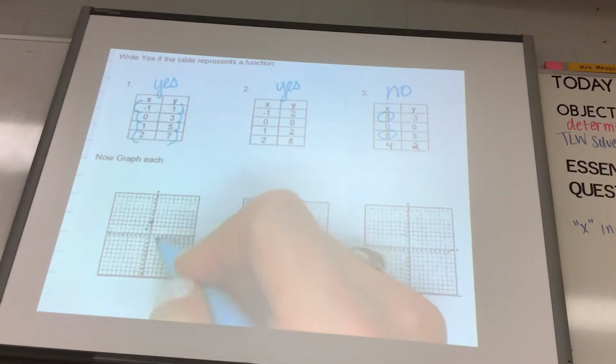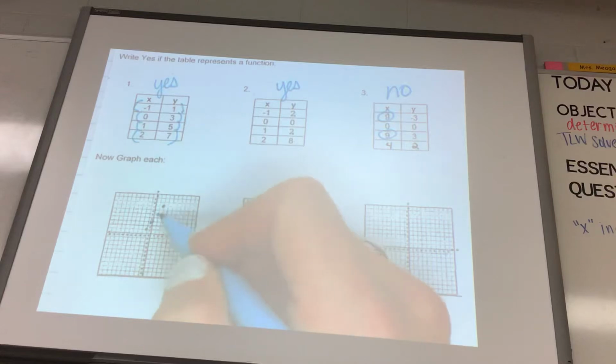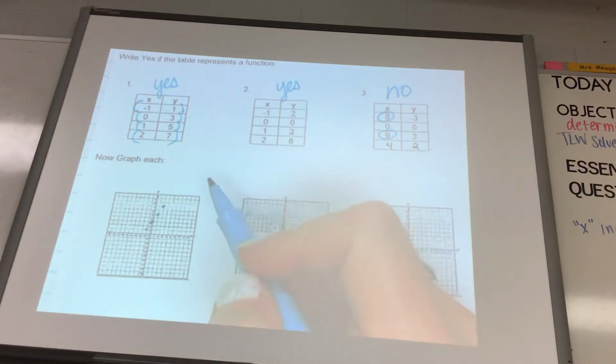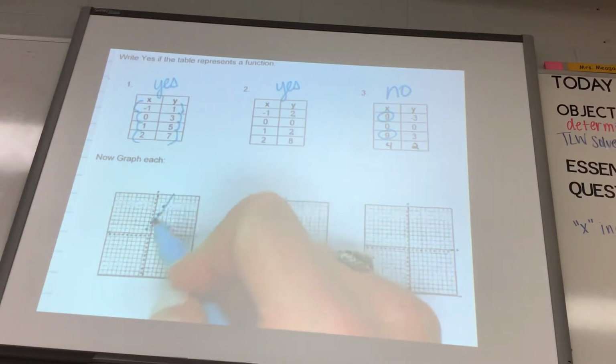And 2 and 7. Okay, so now I'm going to try to draw as straight a line as I can after I put my dots.